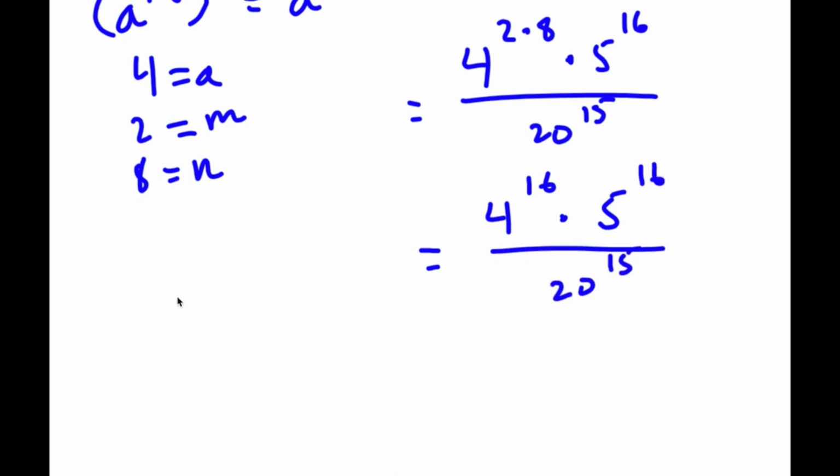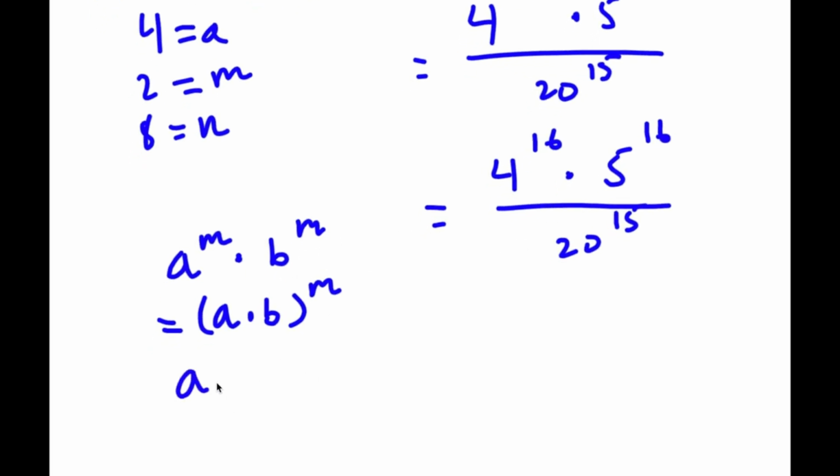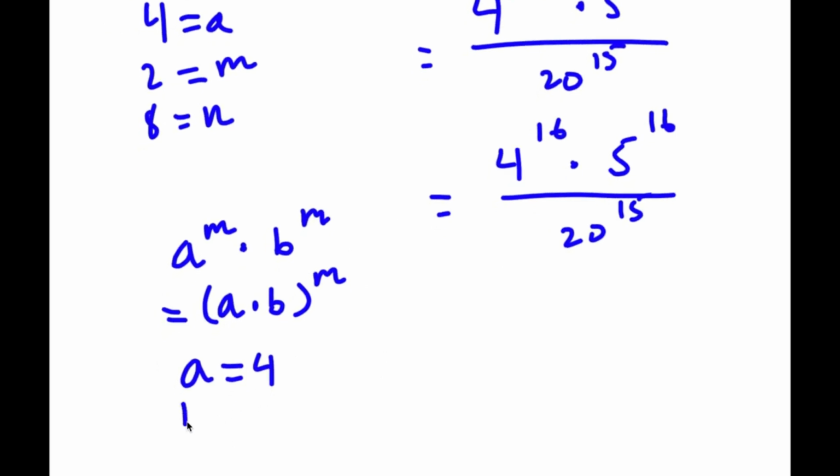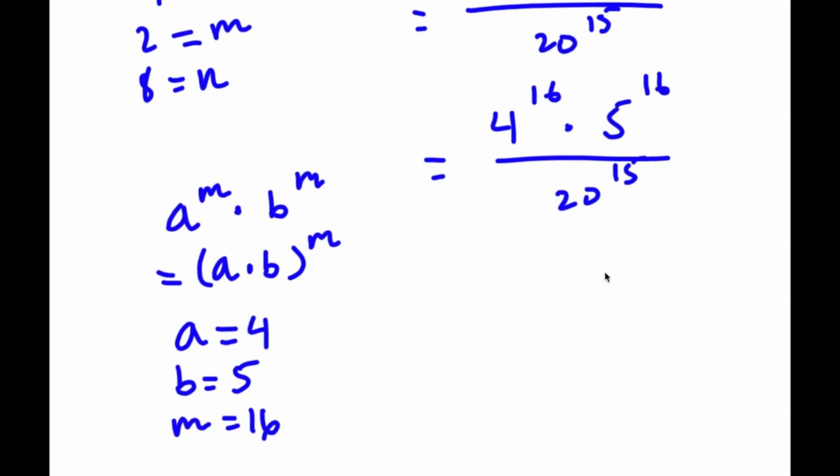Now if I have something in the form a to the power of m times b to the power of m, this is equal to a times b to the power of m. So we are essentially factoring out the exponent here. In this case, we can think of a as 4, b as 5, and m as 16.